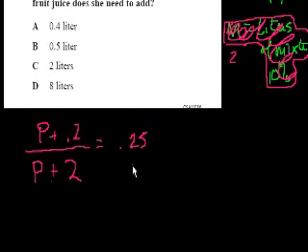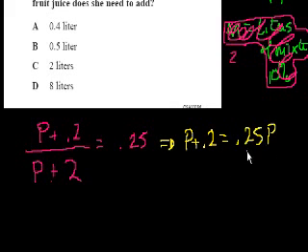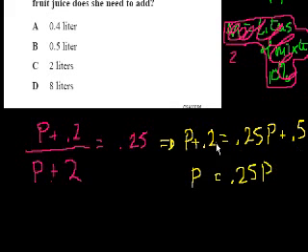See, P, so let's multiply P plus 2 times both sides. So you get P plus 0.2 is equal to 0.25 times this, so 0.25P plus 0.25 times 2 is 0.5. Fair enough. Let's subtract 0.2 from both sides. You get P is equal to 0.25P plus 0.3, since 0.5 minus 0.2 is 0.3.